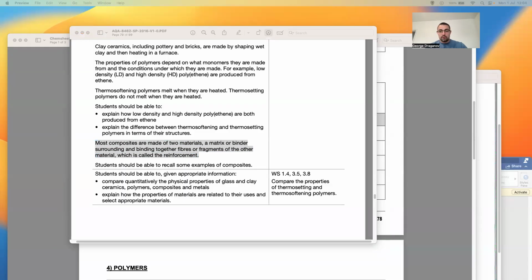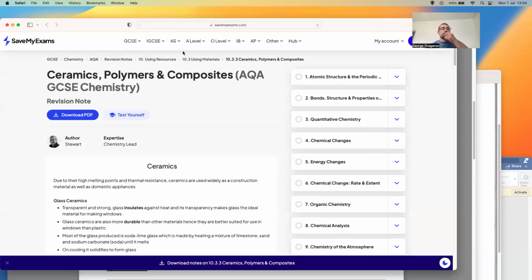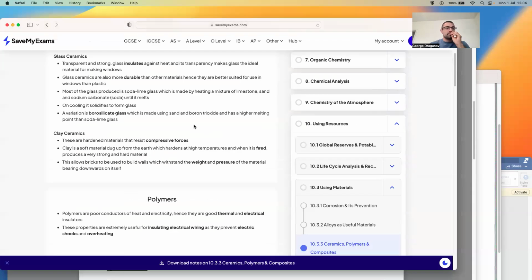If I show you some more of these, so composites, I'll bring you something more of a picture, perhaps to help with this. So if we look here, Save My Exams, a good website.